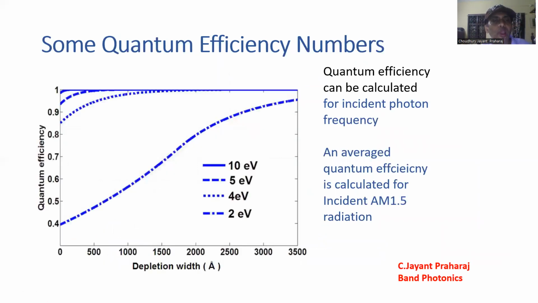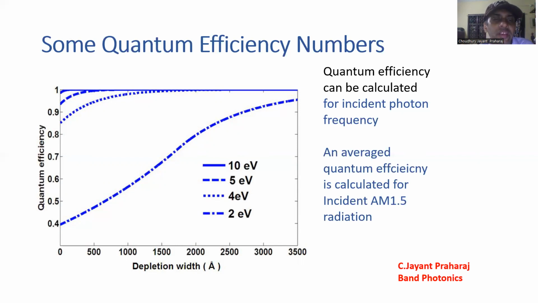In this slide we show some quantum efficiency numbers calculated for one solar cell design in these materials. You can have depletion width in these materials, and then you can have quantum efficiencies for different incident photons. You can see these different photon energies, and you can see that they have different quantum efficiencies as a function of depletion width.